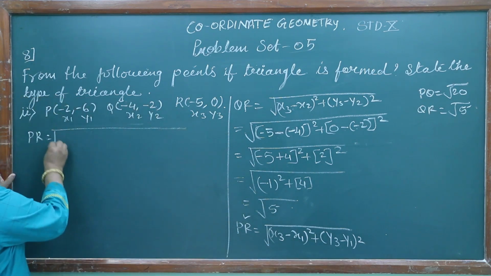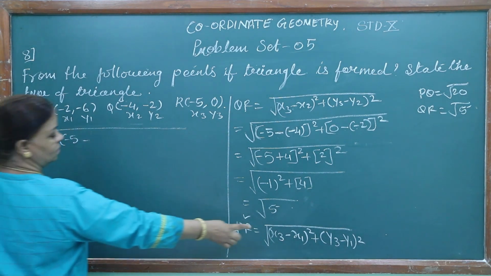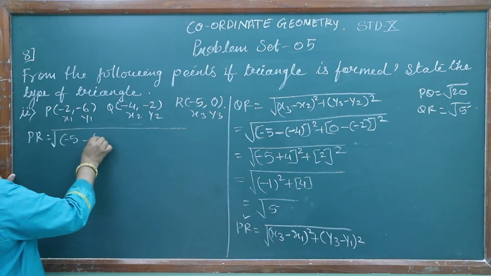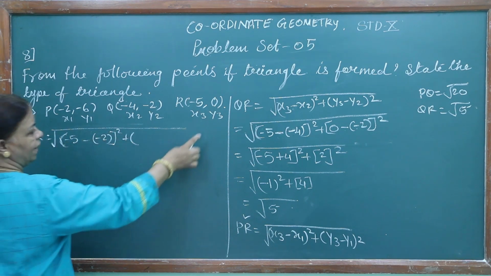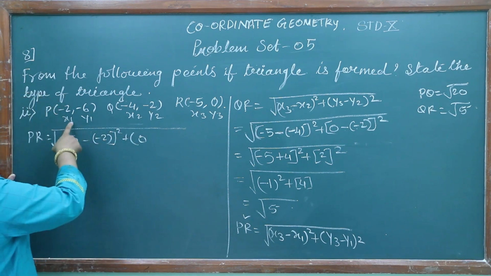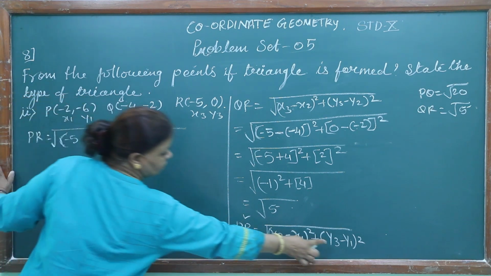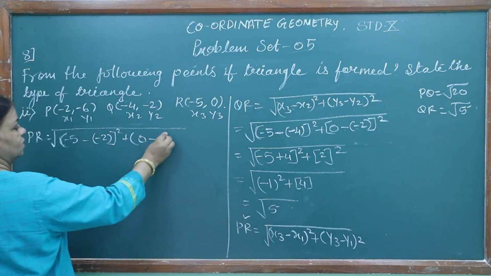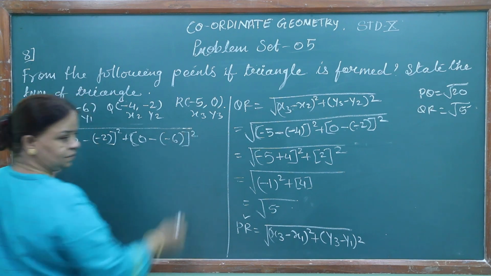Now place the values. x3 is minus 5 minus x1, minus 2, the whole square plus y3 is 0 minus, this minus and then y1, minus 6, the whole square.